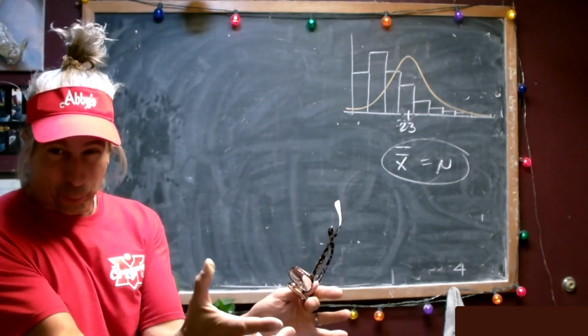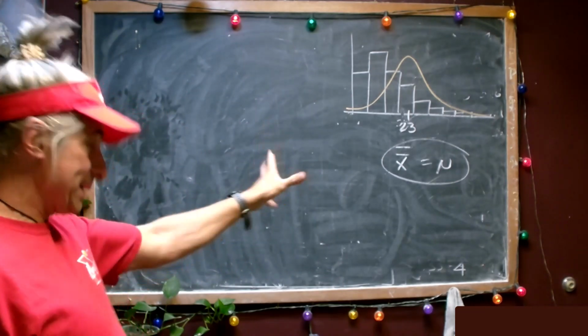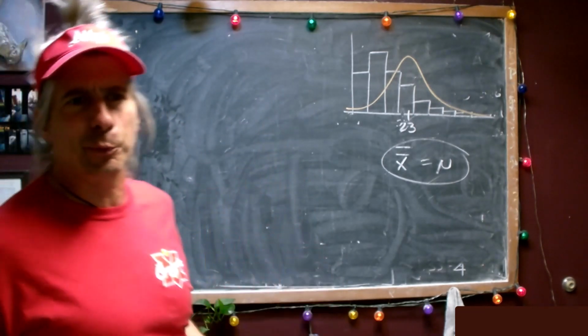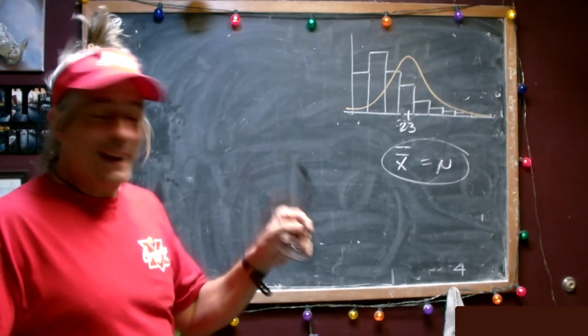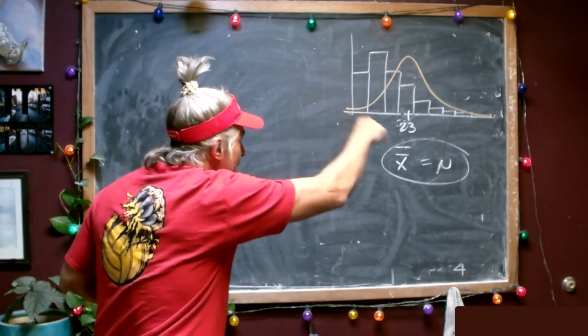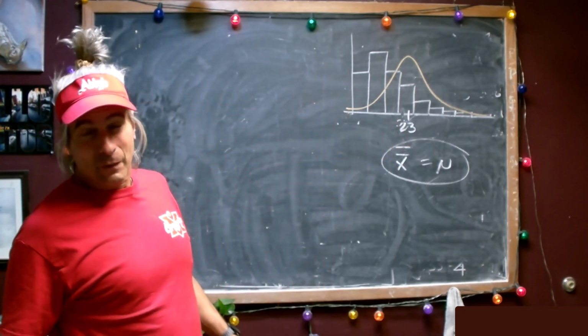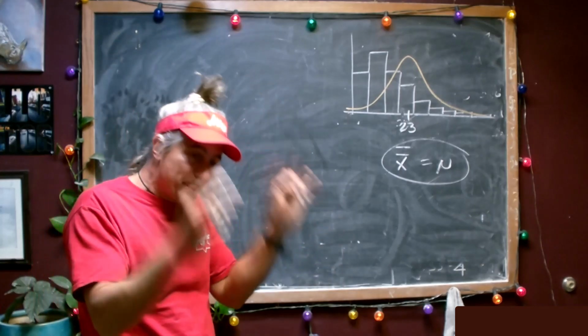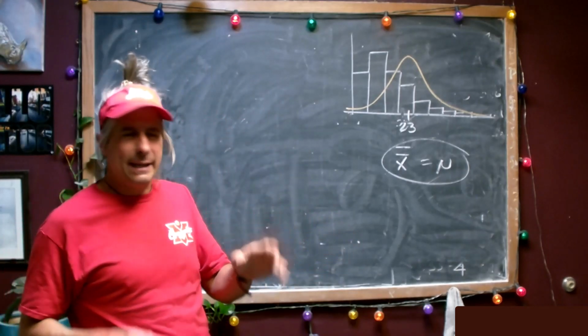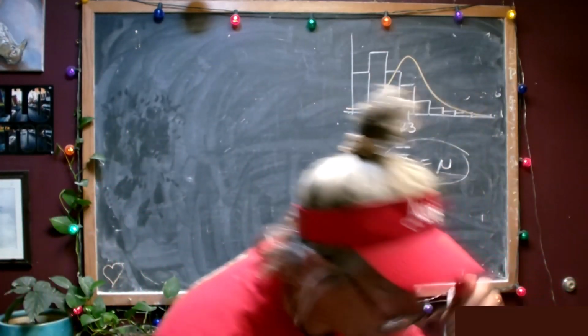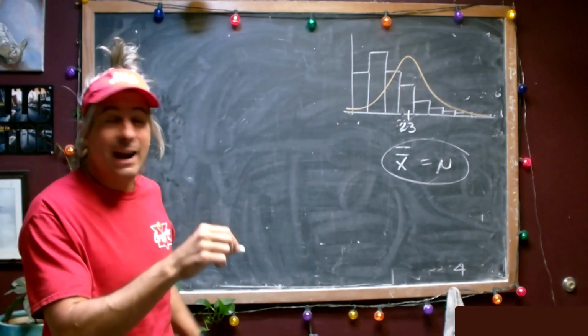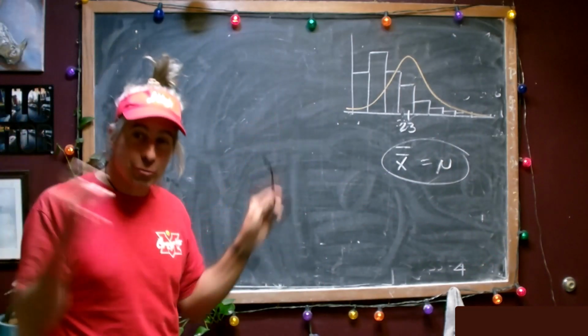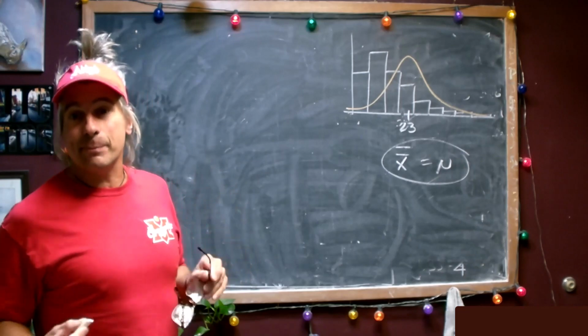The average of the distribution is going to be mu. And here's the super important part. Not that that's not super important, because that is. But even more important is what's the standard error of that bell curve? Well, the standard deviation of the distribution in the population is 4. The standard error of that bell curve shrinks with the size of the samples that you pick.